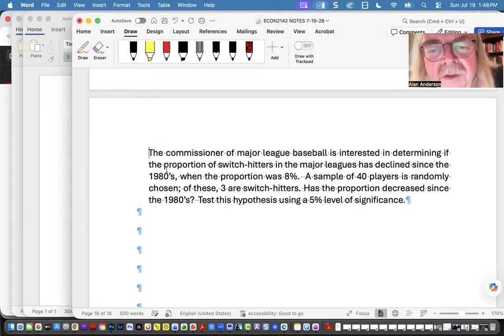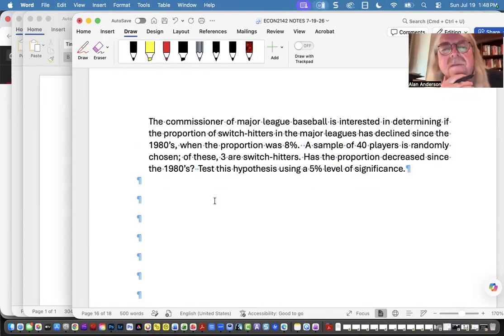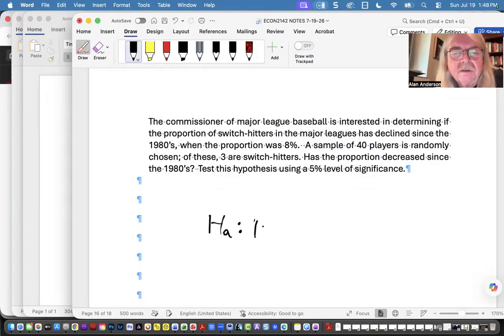So the commissioner of Major League Baseball is interested in determining if the proportion of switch hitters in the major leagues has declined since the 80s when it was 8%. All right, so a left-tailed test. We're looking for evidence that the proportion is less than 0.08.